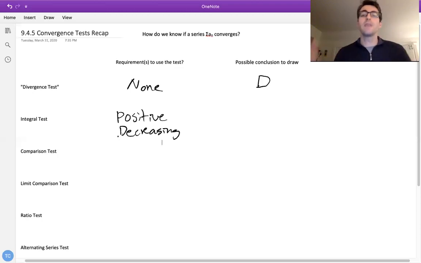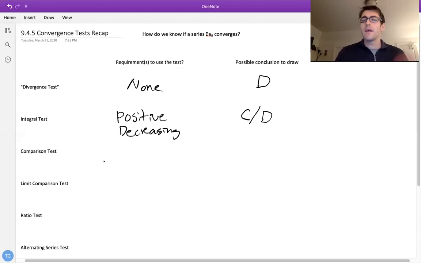We can translate 1 over n to 1 over x and integrate that and ask, does this integral converge? And if that integral converges, then we conclude that the series converges. If the integral diverges, we conclude that the series diverges. So we can draw either possible conclusion.